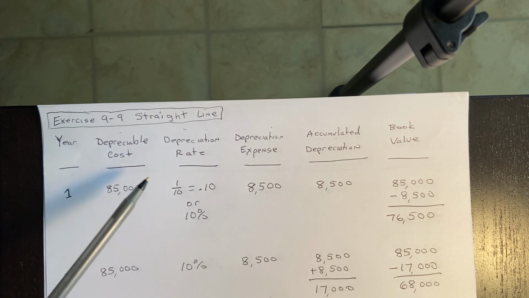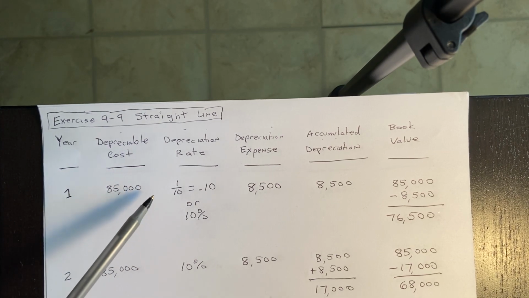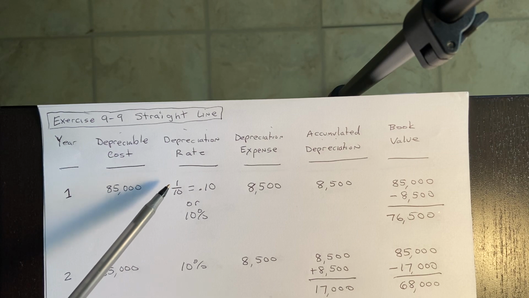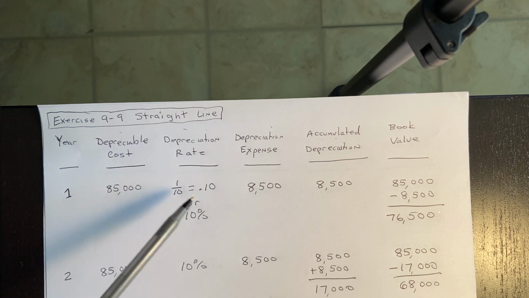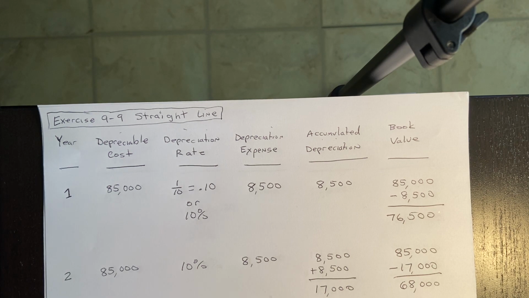So it's always going to be 1 divided by the years. In this case, it was a 10-year asset, so 1 divided by 10 comes out to 0.10 or 10%. If I take 10% of 85,000, I get depreciation expense of 8,500. So how I got this number is I took 85,000 times 10% and got that.